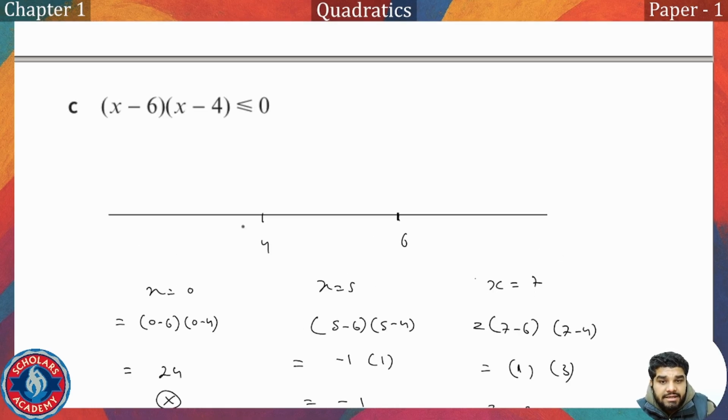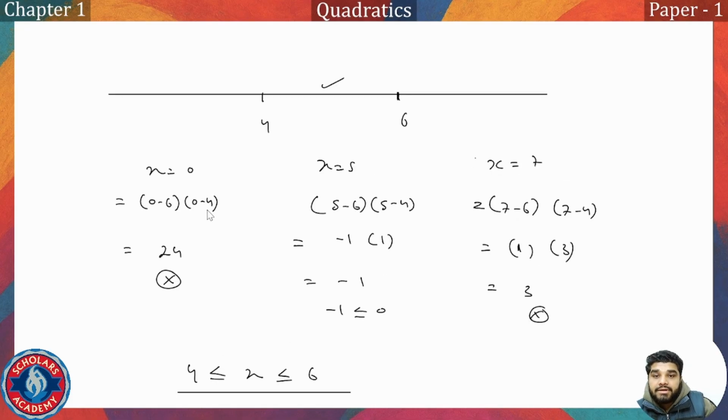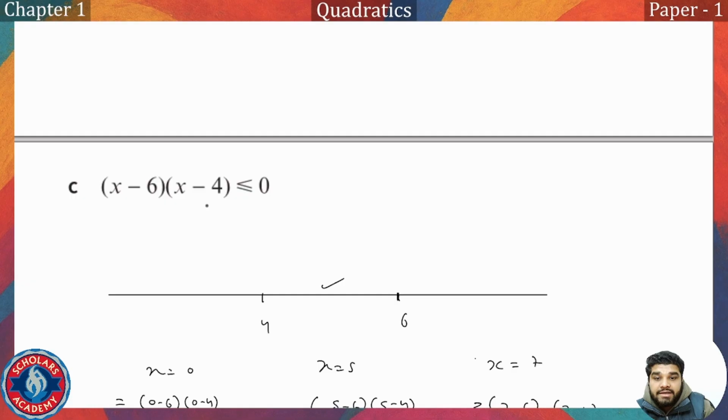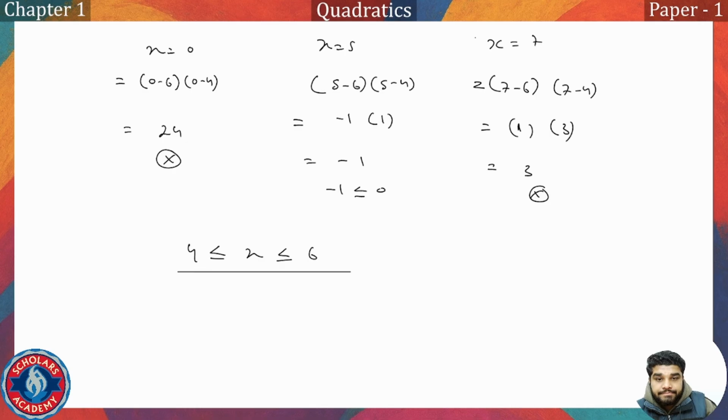So the interval from 4 to 6 will satisfy this inequality. Our desired result will be 4 is less than or equal to x is less than or equal to 6. I hope it is clear. Let's move forward.